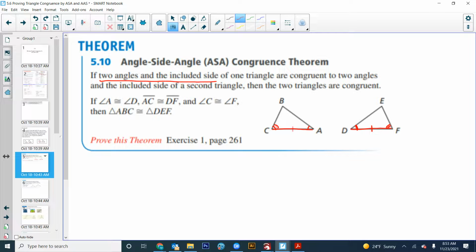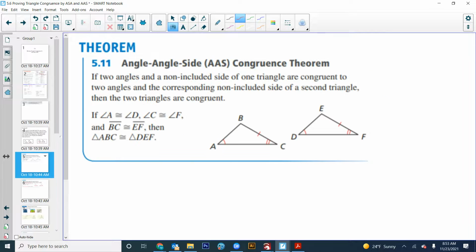I'll change it so sixth period doesn't complain. Technically, they're both at the top of the paper. I didn't really have them in any order. Oh, one's on the left and one's on the right. Very good.